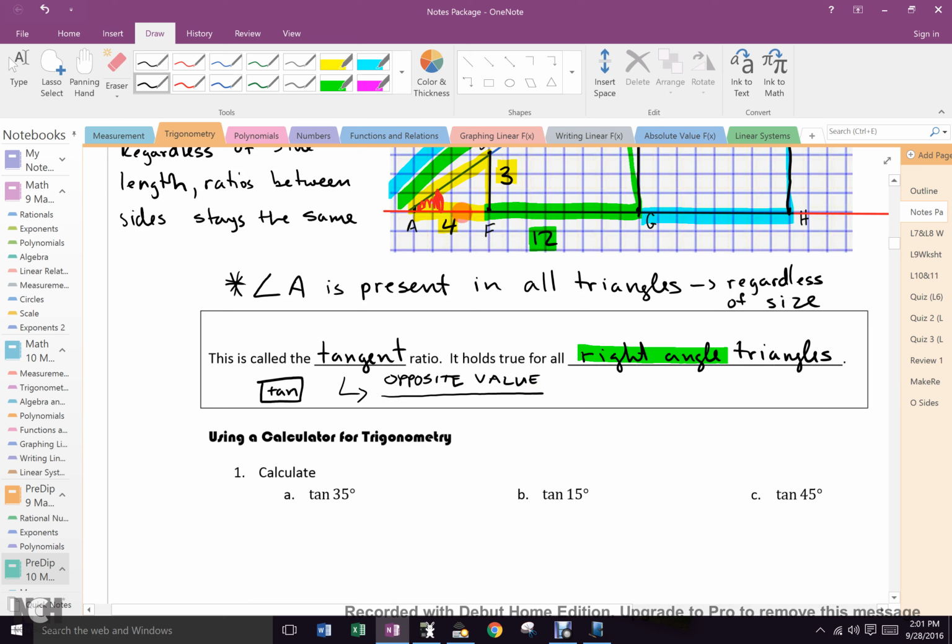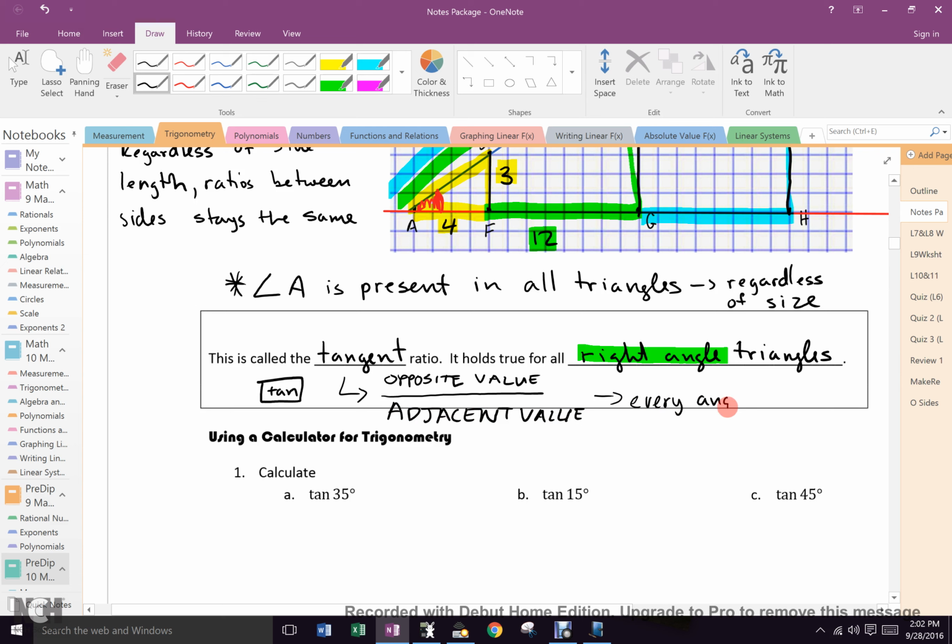It has a name. Those of you who've done trig, what is the name of the one that's right beside? Anybody remember? Adjacent. The adjacent value. Okay? It's always that.